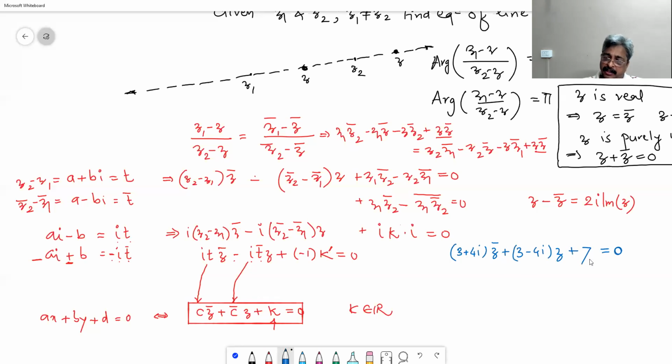We wish to check whether this is really a straight line or not, and it is easy for us. Maybe I will do it for you first. I have to simply replace z bar.